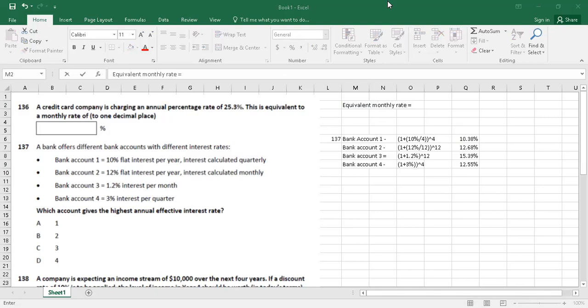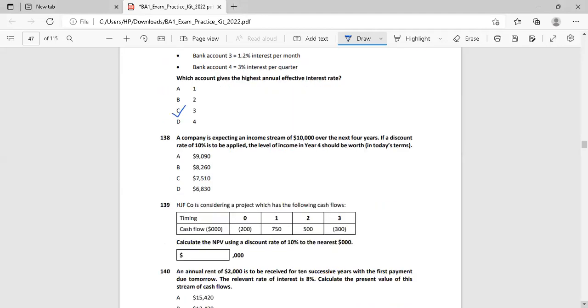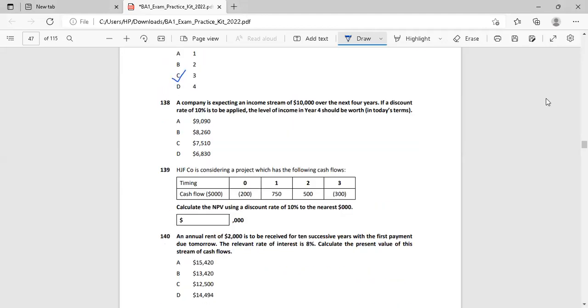Third one month, 15.39. So Bank 3, because Bank 3 has the highest rate, 15.39%. So Bank 3 is C. We'll work it from the Excel sheet.